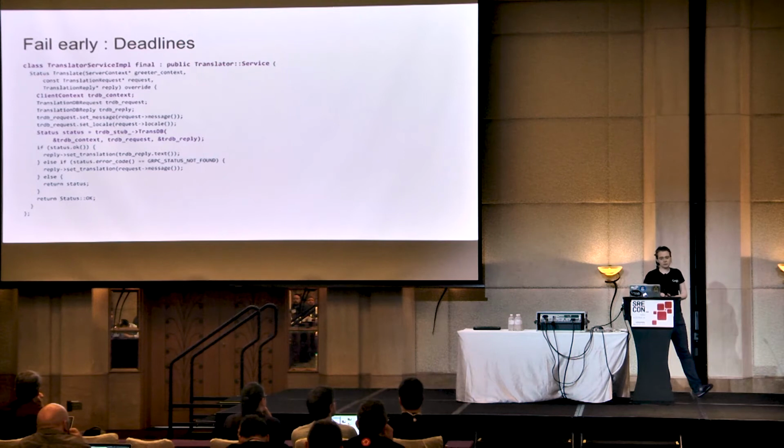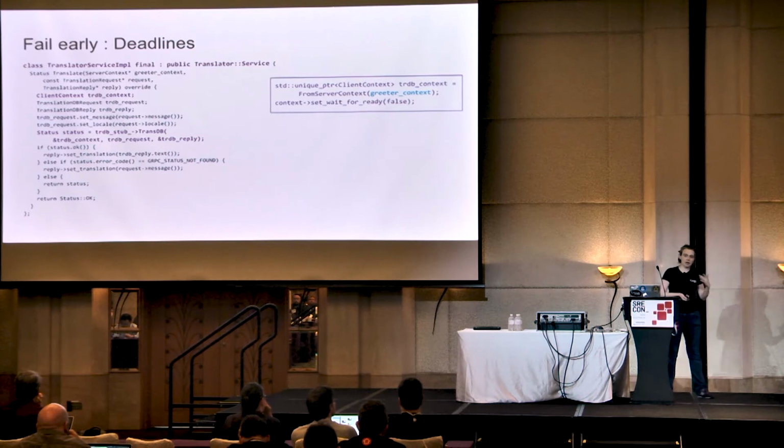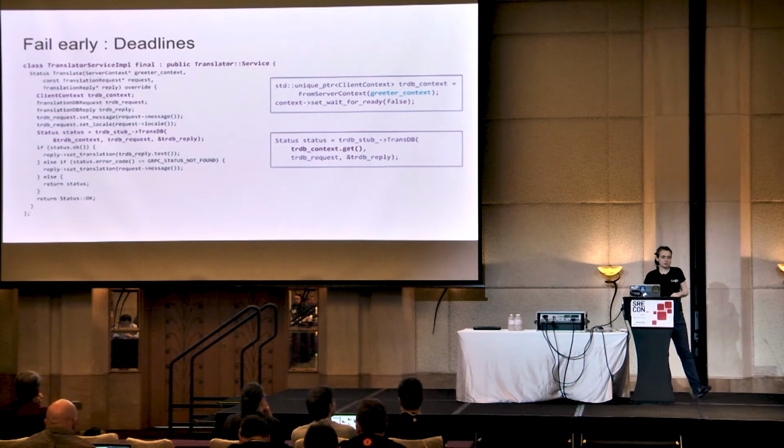And then on the translator, when the translator is talking to that translation DB backend, this is the same lines that we're going to change again. So this time we highlight it to show you that we're copying the greeter context over to pass down the deadline. And you have to make a small change lower down just because of the way C++ works. So all in all, relatively small changes and relatively simple.